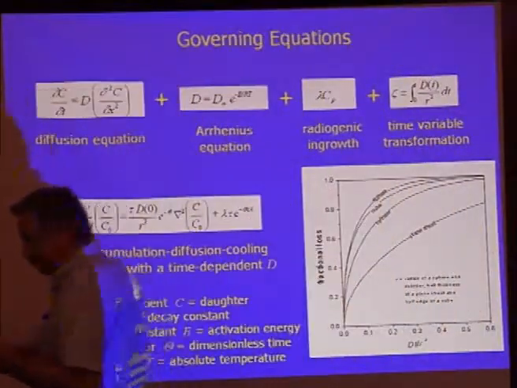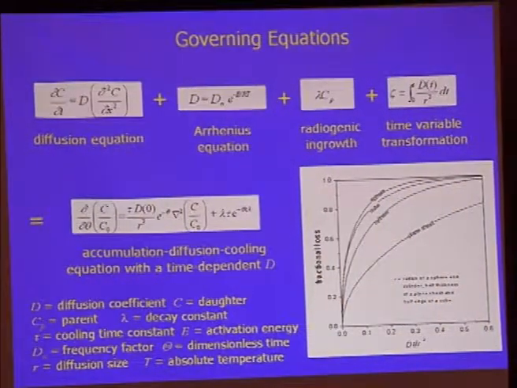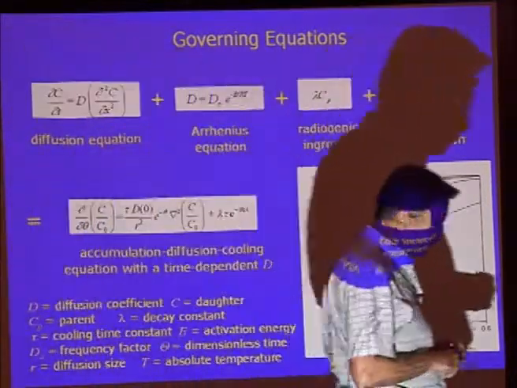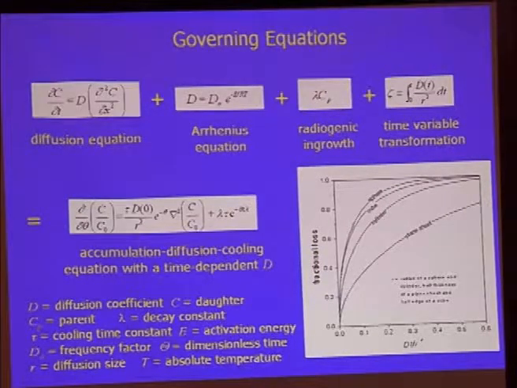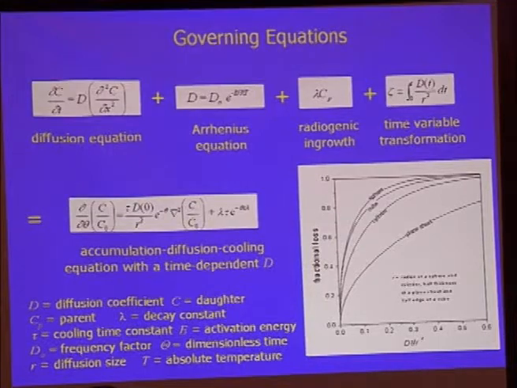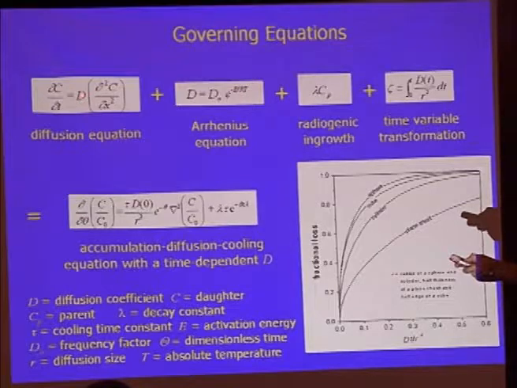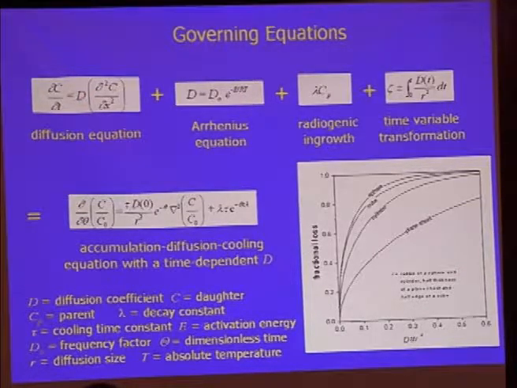Essentially, if you have ingrown radiogenic daughter product as a result of decay of uranium-238, potassium-40, rubidium-87, there's now a distinctive isotopic signature in your mineral that you can use to evaluate the temperature history. Take the simplest case, where we're only considering the diffusion loss, with diffusion coefficient D, of this radiogenic daughter that's been grown into your mineral.